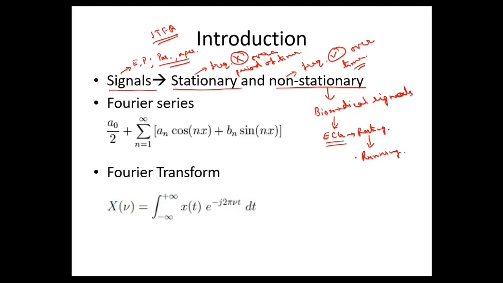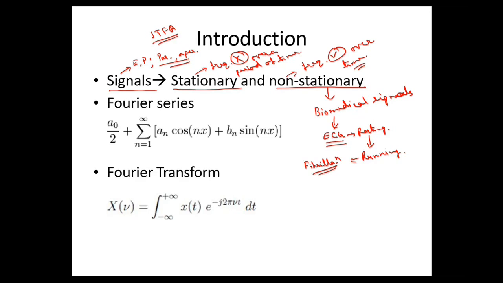Next, suppose you have some disease in pathophysiological cases, say fibrillation. The pattern of the ECG signal would change, and also some of the frequency components would change, and there are so many examples.